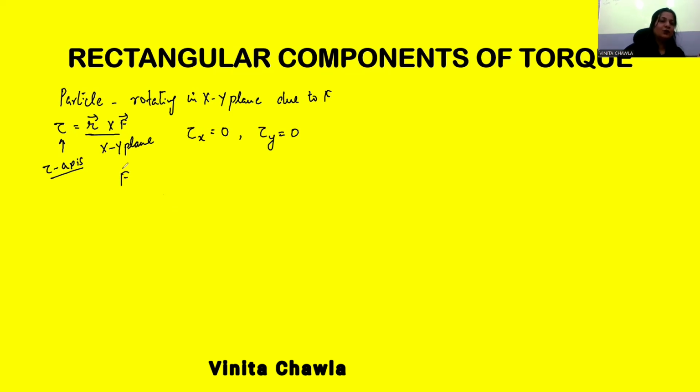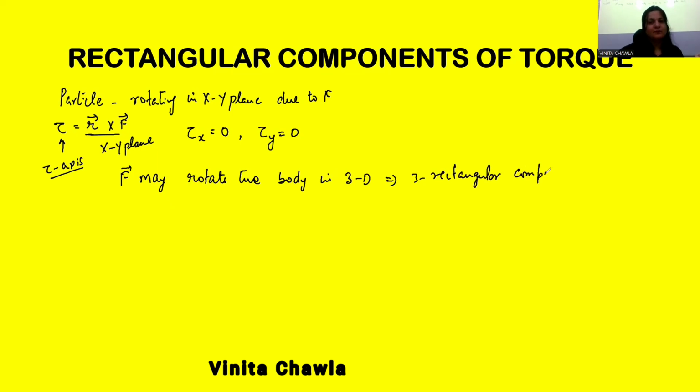But the force may rotate the body in 3 dimensions, which implies 3 rectangular components. Now, because we write torque as R cross F, vector R cross vector F is torque, we can write torque in terms of Cartesian coordinates.